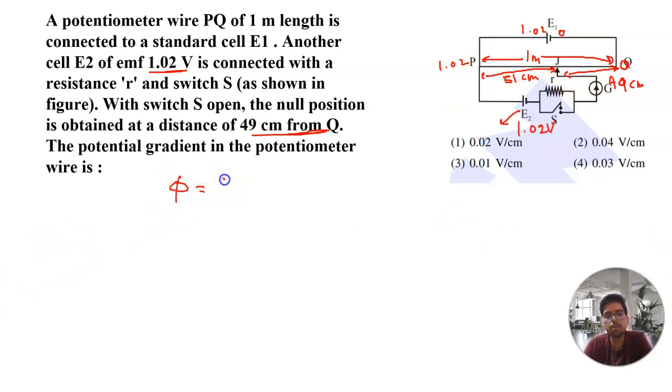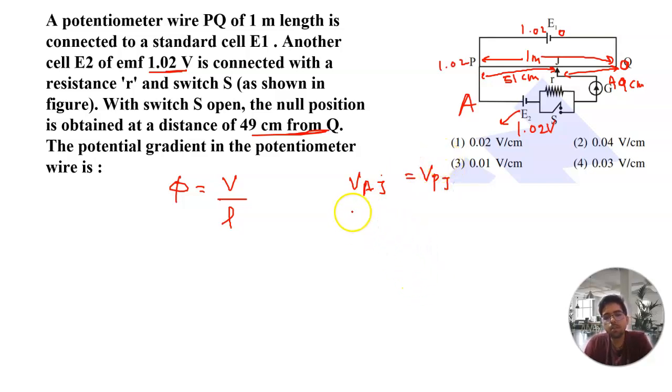So what is the potential gradient formula? Potential gradient is the potential drop across the wire divided by the length of the potentiometer wire. Take this point as A, this as J. So the potential across AJ is equal to the potential drop across PJ.